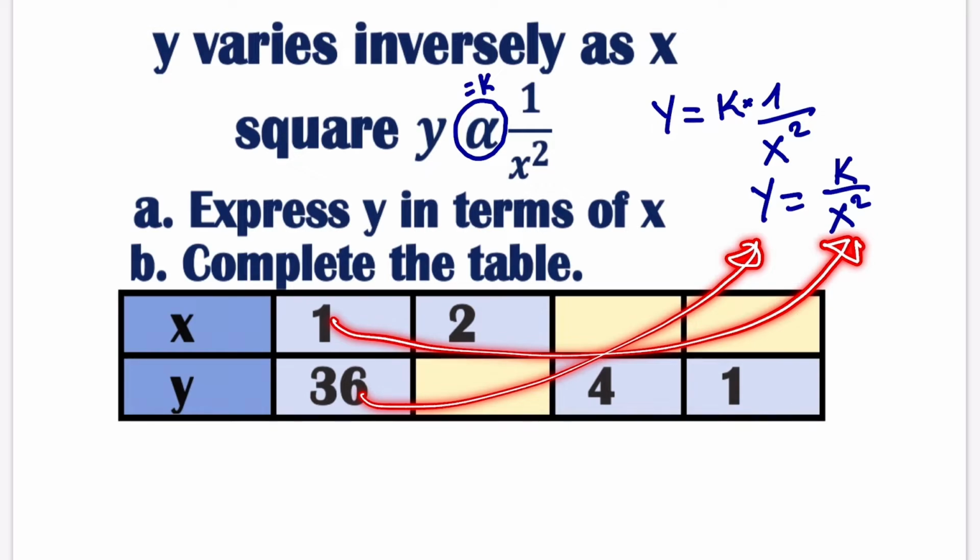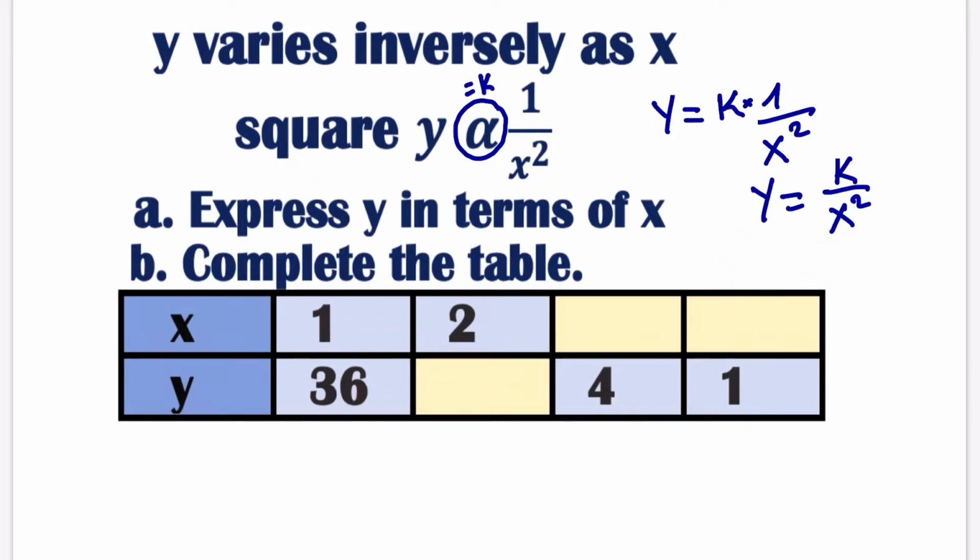So we just need to plug in the values in order to get the value of k. The equation is y equals k over x squared. This implies we have the value of y: y is 36, so I'm going to plug in 36, equals k over x, where x is 1, but we have x squared, so we have 1 squared, which is 1.